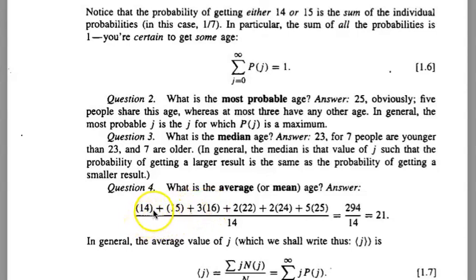So it's 14 times 1 plus 1 times 15 plus 3 times 16 plus 2 times 22 plus 2 times 24 plus 5 times 25 divided by the total number, 14, and you get a value of the expectation value, average value, being 21. So that's where we get the notion of this.